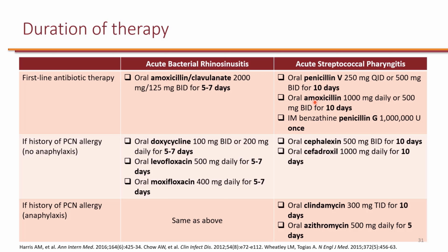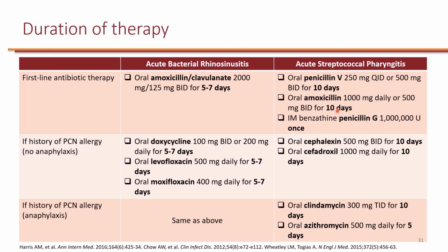Alternatively, amoxicillin is an option. Even if you give a high dose of 1000 milligrams, you can get away with once-a-day dosing to even further improve adherence, or you can do the lower dose of 500 milligrams twice a day, and this would also be for 10 days.